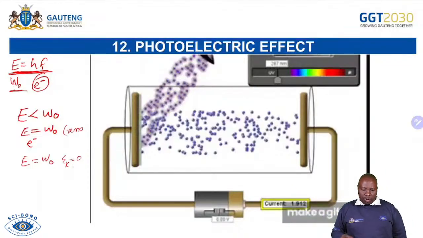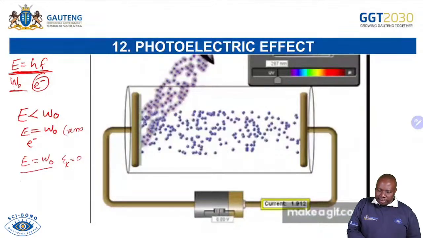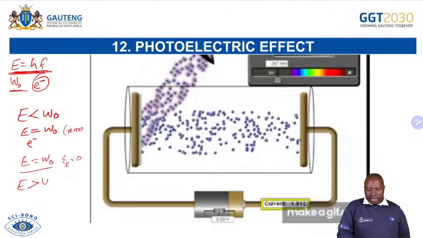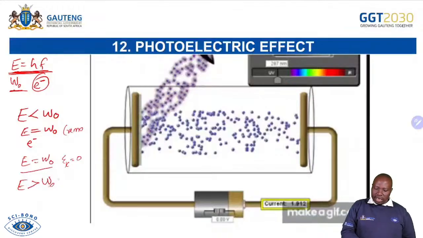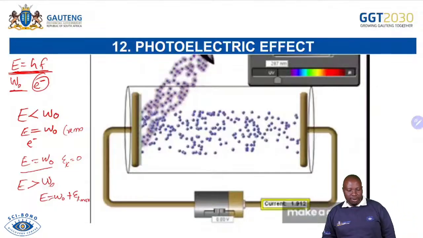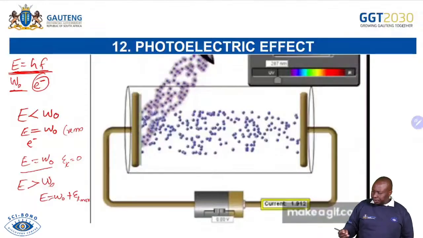But when the energy of the photon is greater than the expected one, which is the minimum energy required, the work function, there will be removal of electrons, and the other energy will be converted to maximum kinetic energy. Hence, we give the formula like that. All the other energy will be converted to kinetic energy.